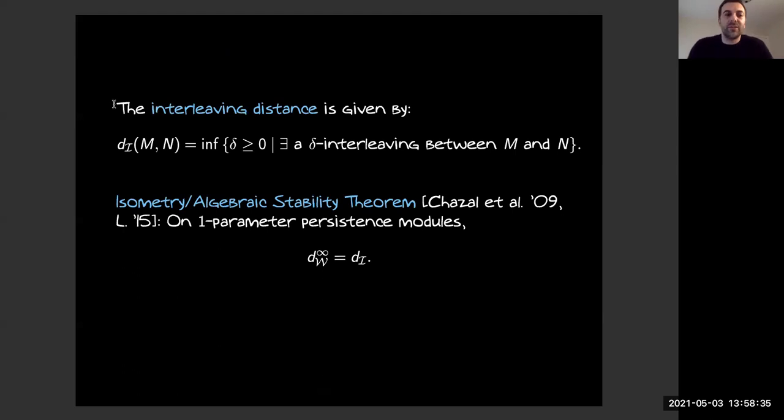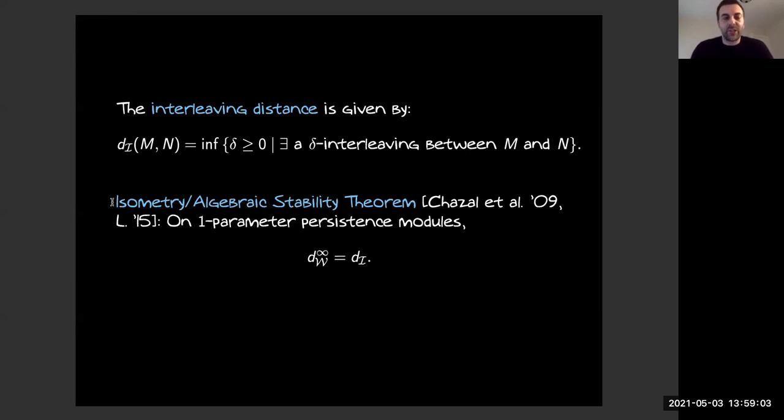So the interleaving distance between modules M and N is just the infimum over all delta such that there exists a delta interleaving between M and N. And that's the distance. It has nice properties. It's an extended pseudometric. It descends to a proper metric on isomorphism classes of finitely presented multiparameter persistence modules. So it's this well-behaved thing.